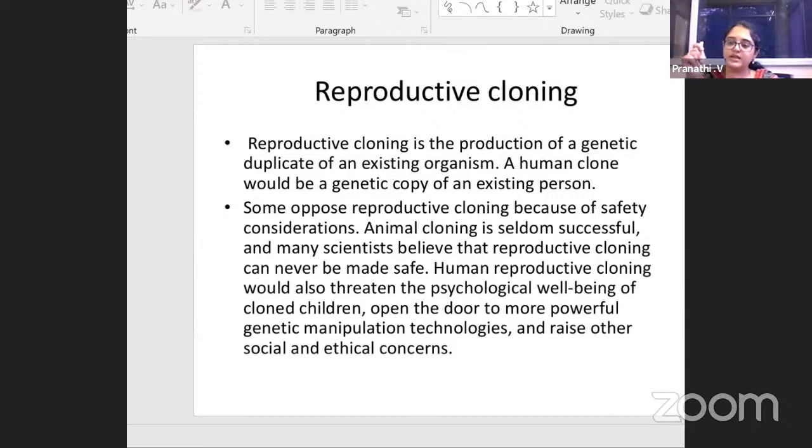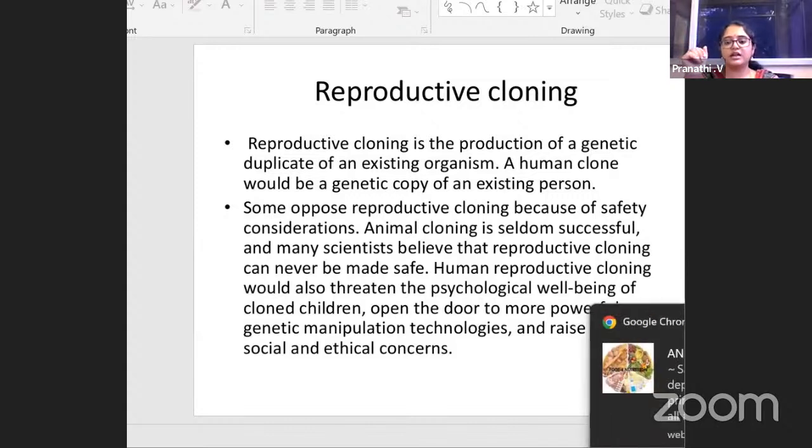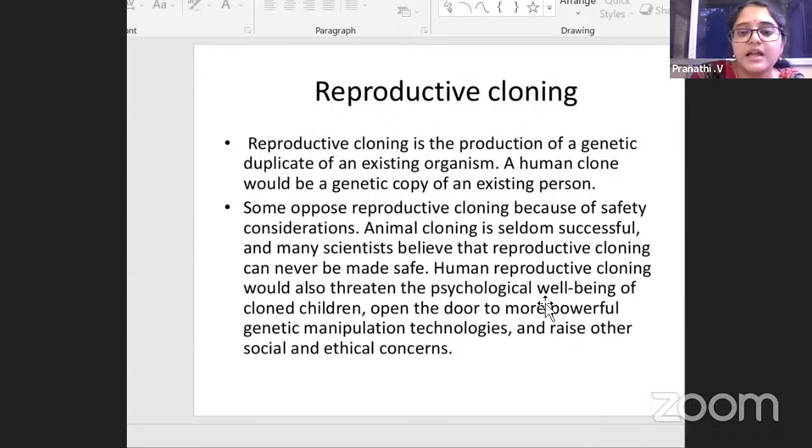That is the reason why twins also do not have the same set of fingerprints. Your fingerprint is unique to yourself. That is the reason why twins are not clones.